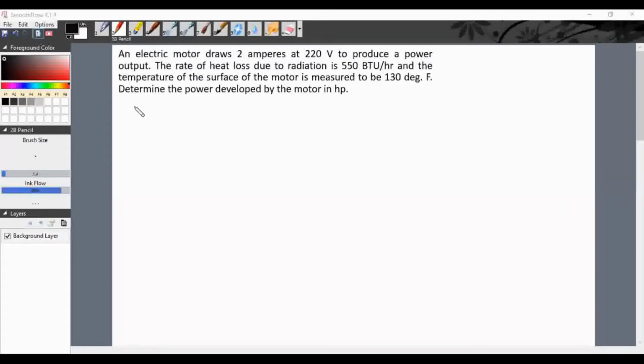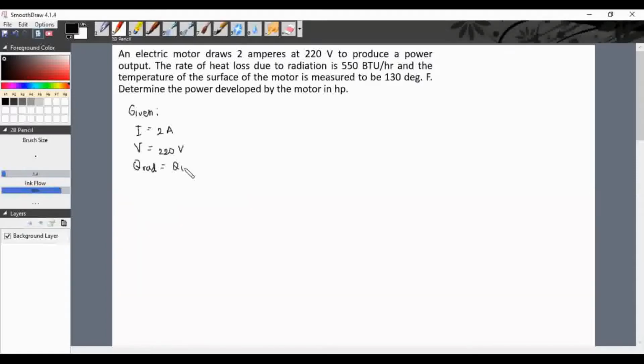So given natin, we have current, no, na, 2 amperes. Then we have voltage of 220 volts. Okay. Then we have heat loss due to radiation.